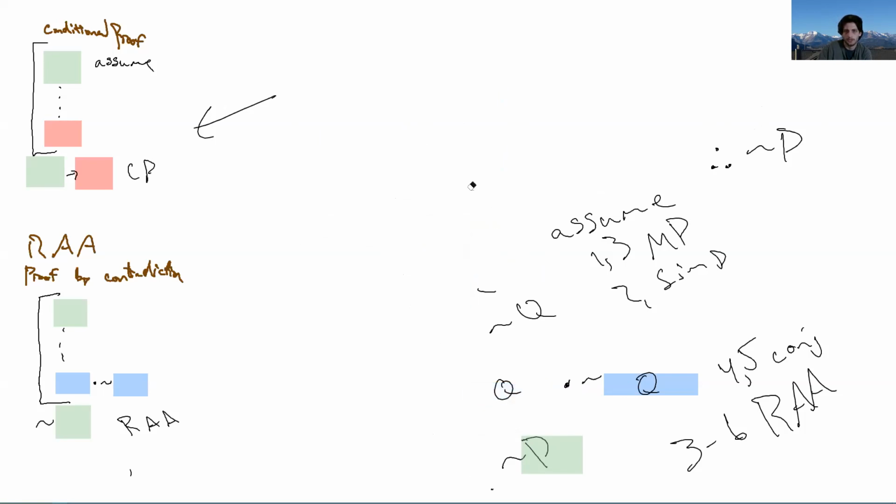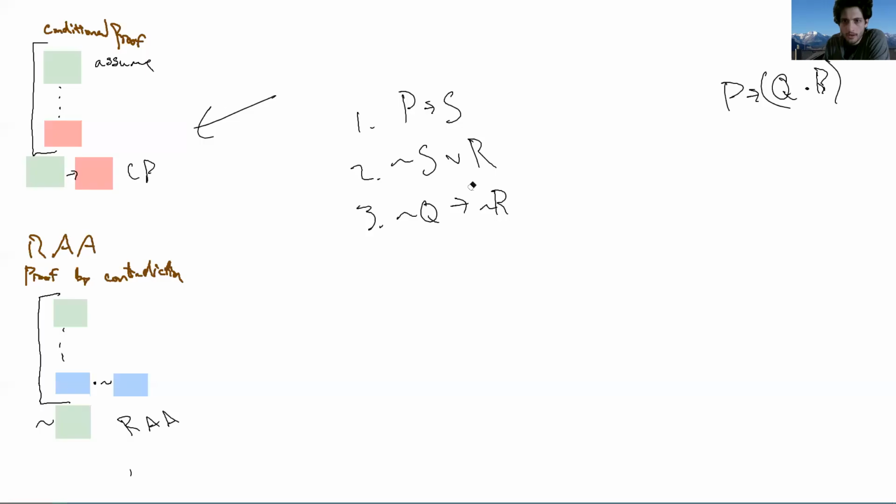So let's go ahead and just look at this example argument now, just to get a little bit more experience with these proofs. The first thing I'm going to notice is that my conclusion is in fact a conditional. That conditional is the main operator.